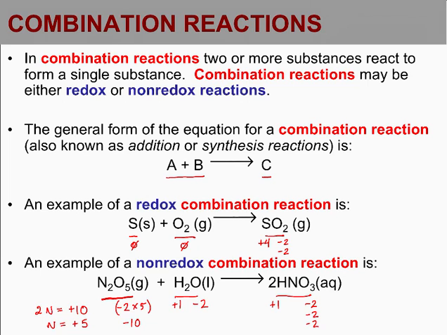So if we add that up, we have +1 minus 6, so that's -5. So to balance that out, nitrogen must have a +5 oxidation number. All right, so nothing changed in that reaction. Everything still has the same oxidation number from beginning to end. So that would be a non-redox combination reaction. We did not see a transfer of electrons.